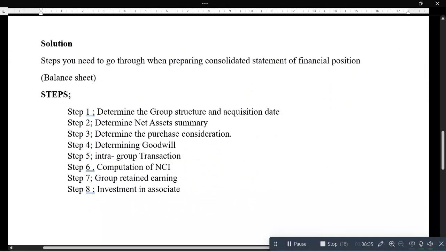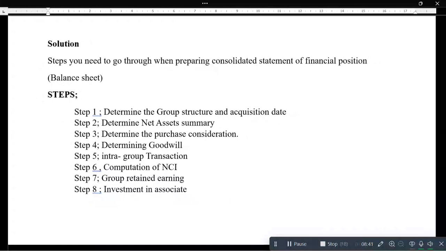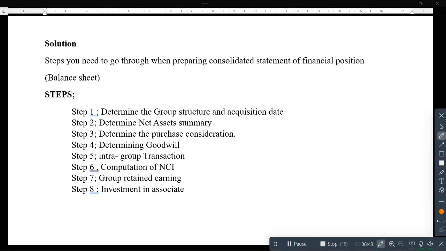Let's start. From our previous videos, I tried to take you through the steps as we are consolidating our financial statements, more so the statement of financial position. And we said step 1, we shall start by determining the group structure and acquisition date. We shall look at the net asset summary.